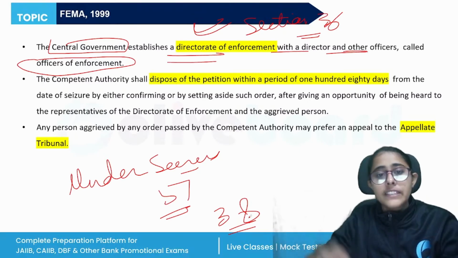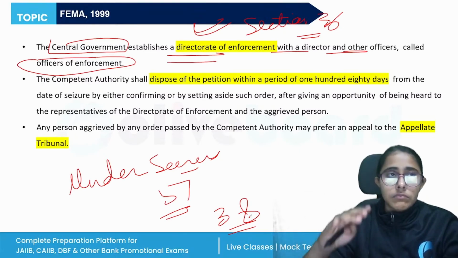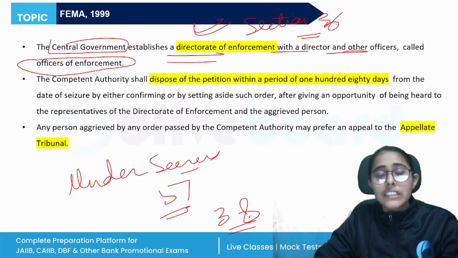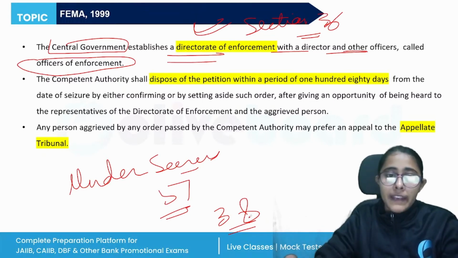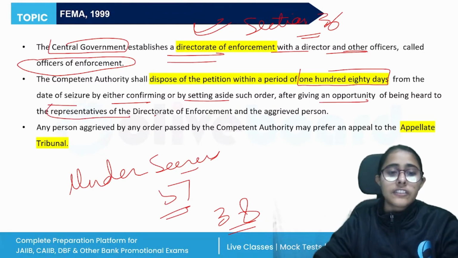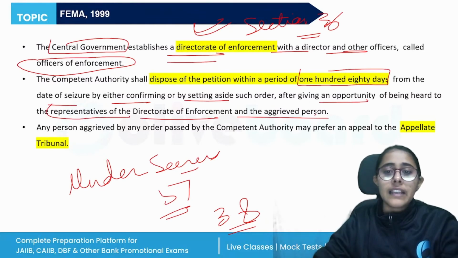Right? Now when we say that the case reaches the competent court, there should be a time limit within which the case should be disposed of or the order should be given along with the fine and the imprisonment term, right? So the competent authority shall dispose of the petition within a period of 180 days from the date of seizure, either by confirming or by setting aside such order after giving an opportunity of being heard to the representatives of the Directorate of Enforcement and the aggrieved person.